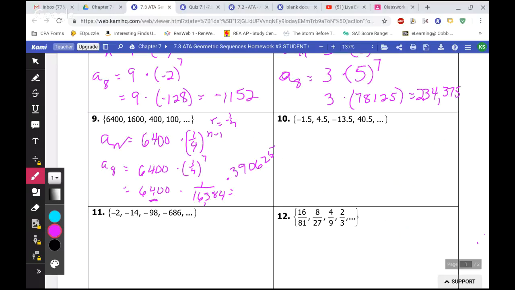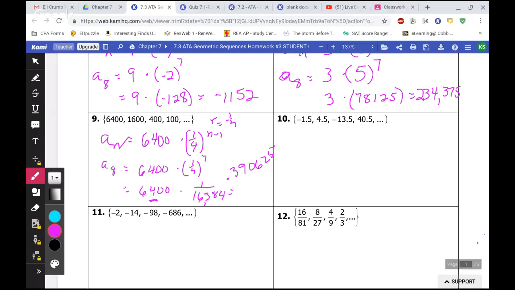Let's see. All right, so for number 10, 4.5 divided by 1.5 is 3. And then 13.5 divided by 4.5. I got the same thing. Okay, good.